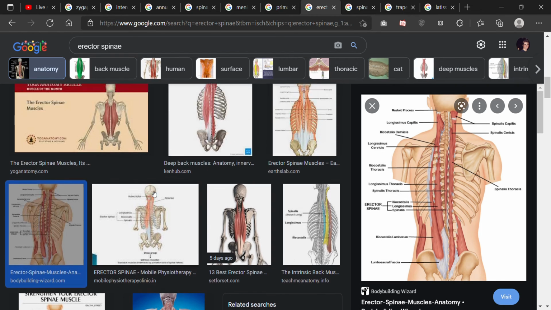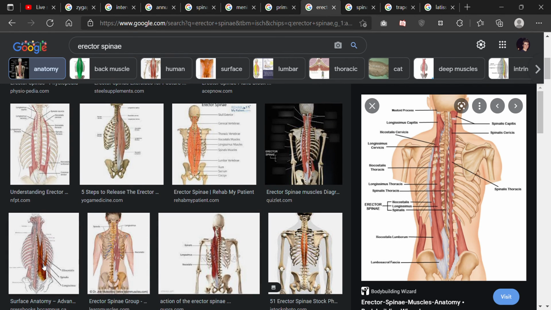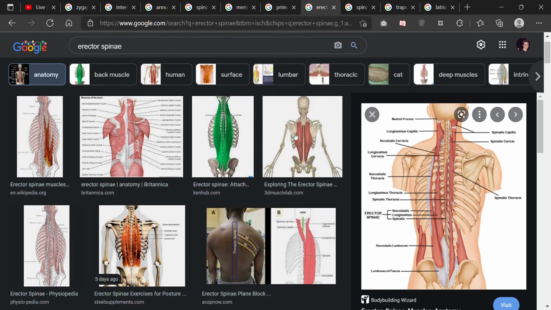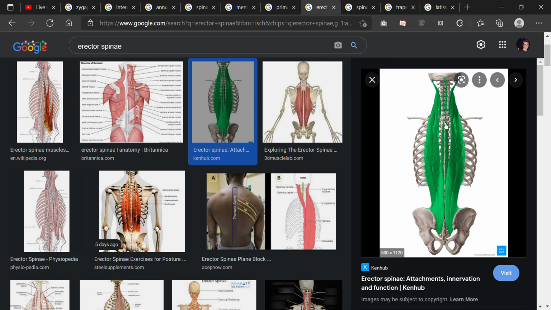There's another picture here that shows they're not just posteriorly attached. You can kind of see it in that one picture I have right now.